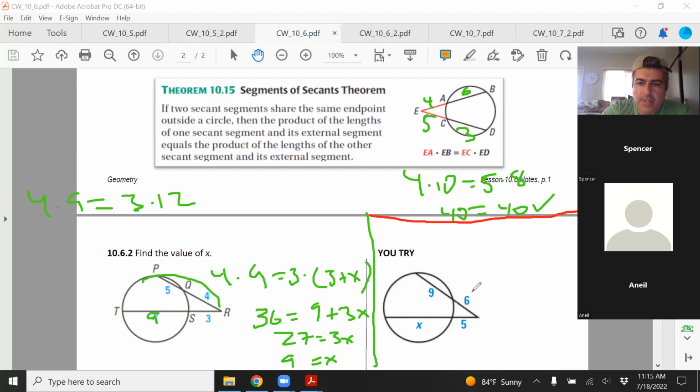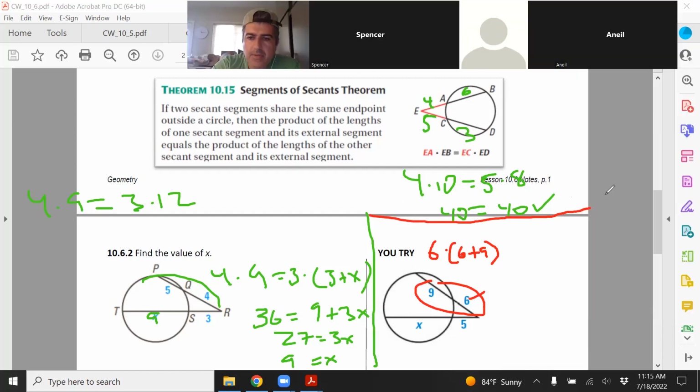Then here you're going to do 6 times 6 plus 9, because you're doing this with all this add up, equals 5 times 5 plus x.